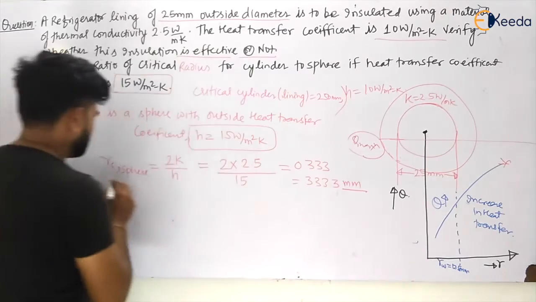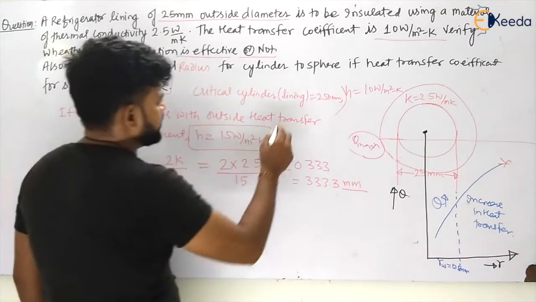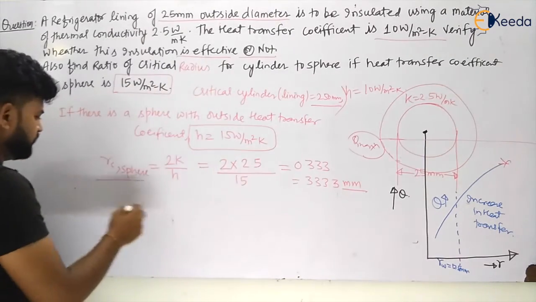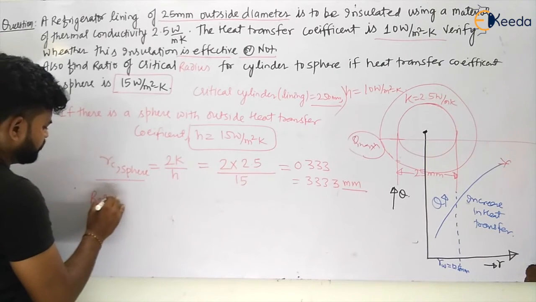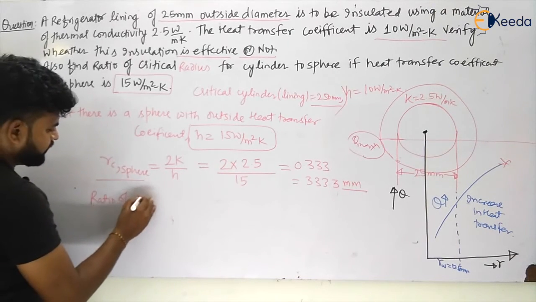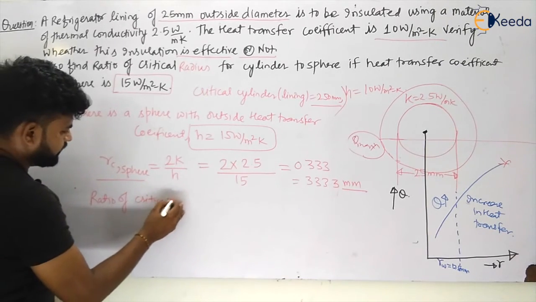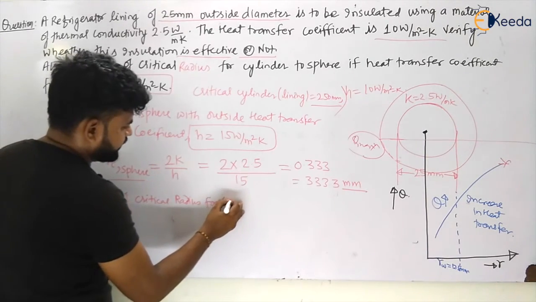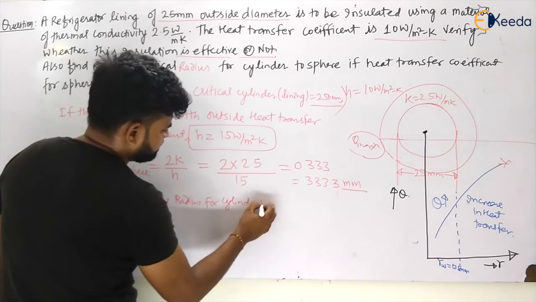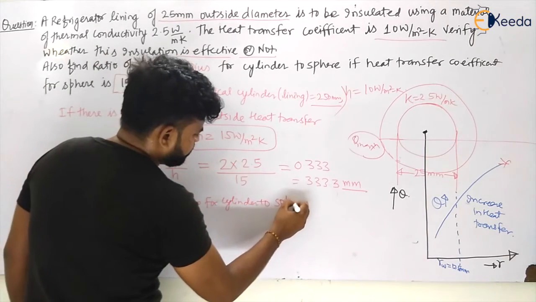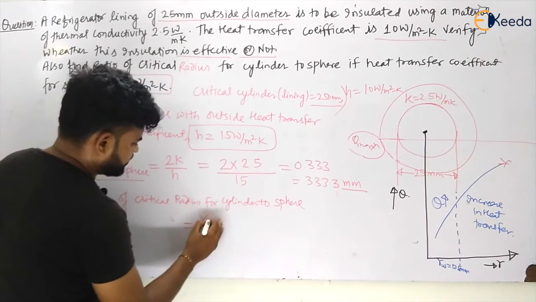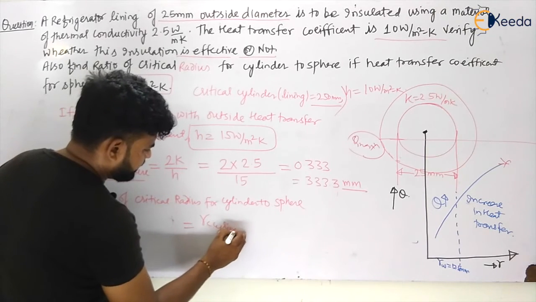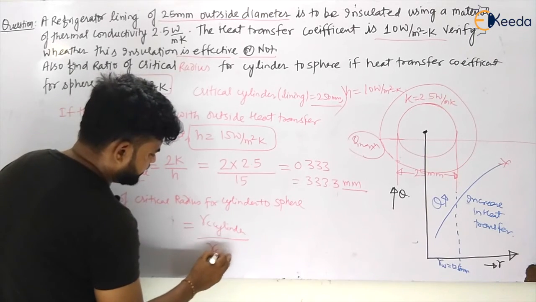So this is RC for sphere, and we know the RC for cylinder. So the ratio of critical radius for cylinder to sphere will be given by RC cylinder divided by RC sphere.